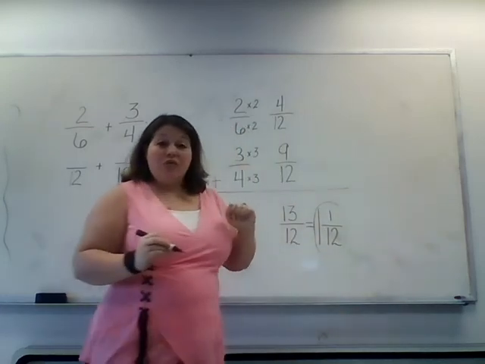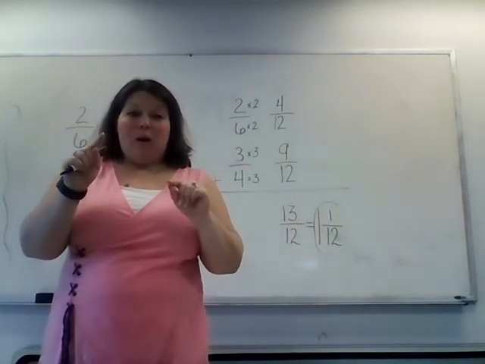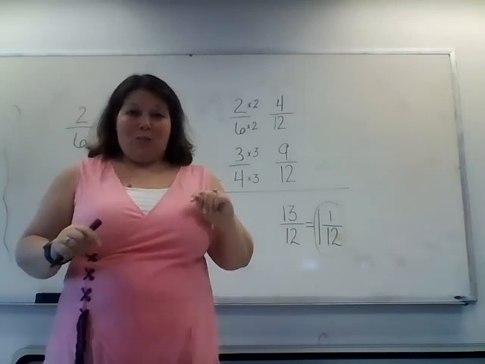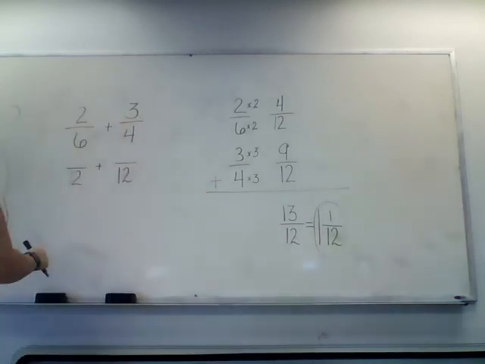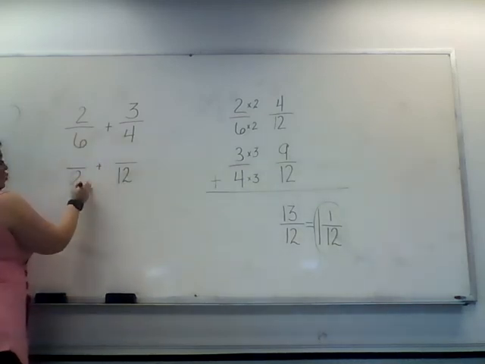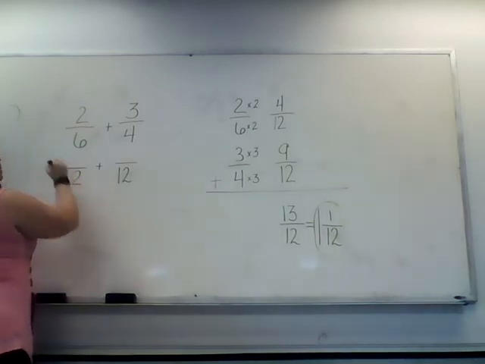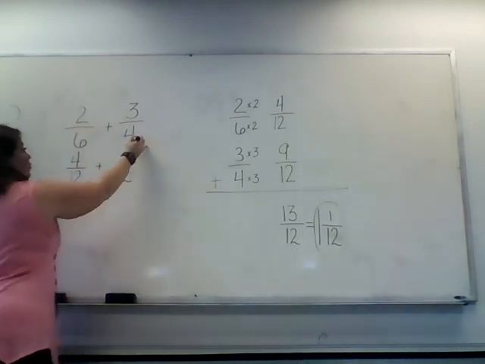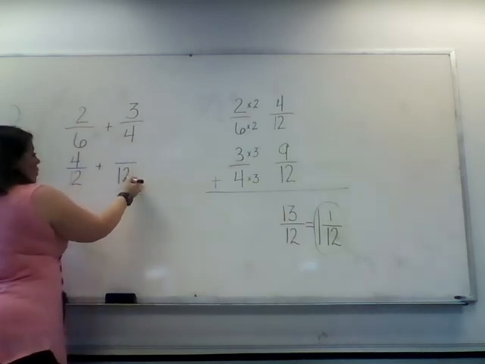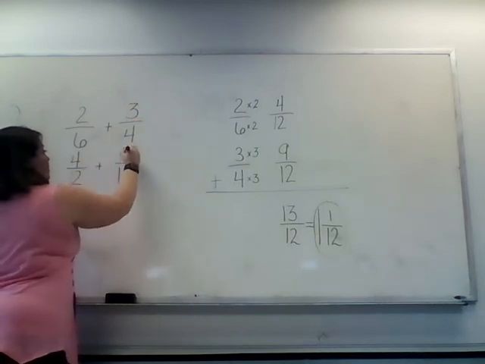If that went too fast, make sure you watch the lecture video on moving from improper to mixed and mixed to improper. So let's work it out this way. 6 into 12, 6 divided into 12 is 2. 2 times 2 is 4. 4 into 12, or 4 times 3 equals 12, and 3 times 3 equals 9.